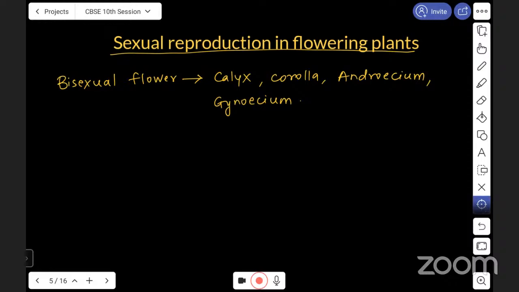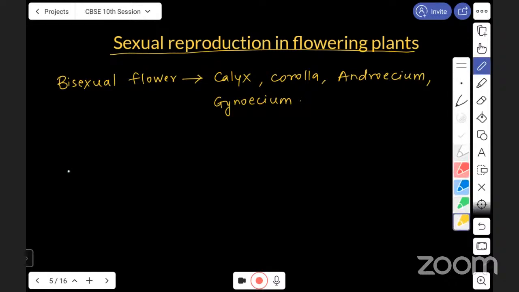The pollen tube carries the male gametes, right? Then the male gamete is transferred inside the ovule, okay, inside mainly the embryo sac where the egg is present, that is the female gamete. Male and female gametes fuse. Okay, so when the male gamete fuses with the egg cell, what is the product?